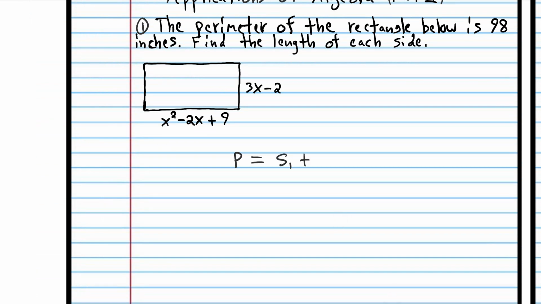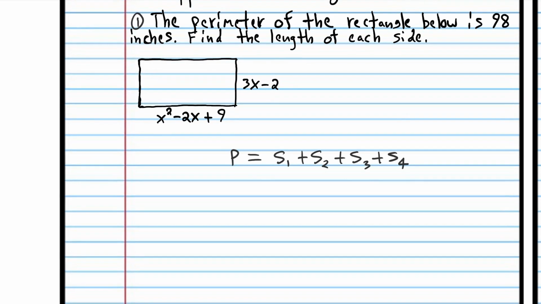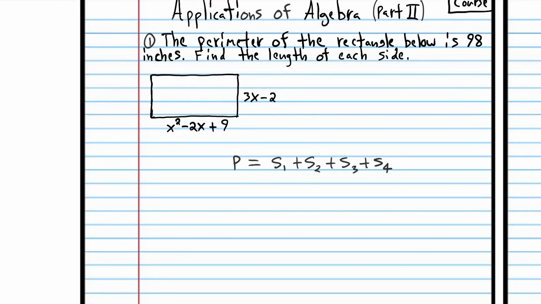So I'm just going to label the sides. There's obviously 4 sides when dealing with a rectangle. And so we know the perimeter is 98. So we're going to write the same equation, except we're going to plug in all the stuff that we know. We know that the perimeter, P, is 98.